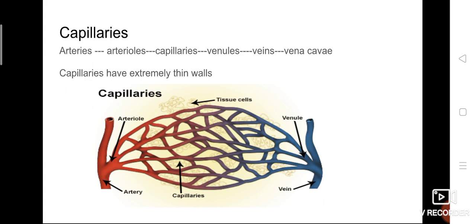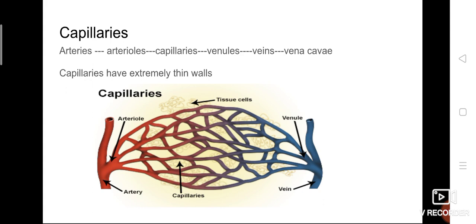The capillaries are nothing but extremely thin tubes, and they join both the arteries and veins. The arteries branch to form arterioles, arterioles further branch out to form capillaries, capillaries join to form venules, venules join veins, and veins are connected with the vena cava.